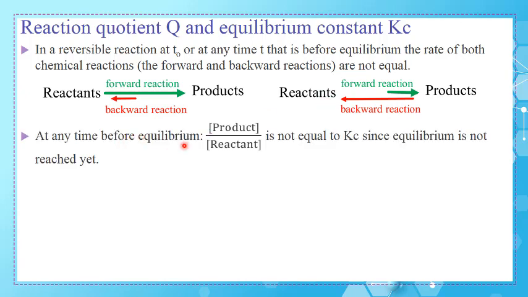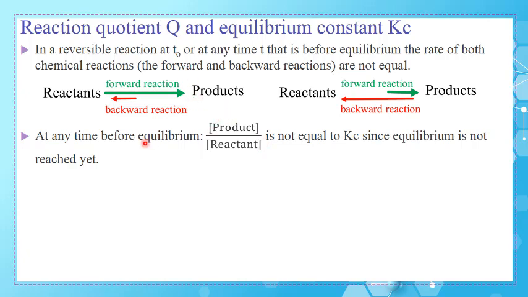At any time before equilibrium, the concentration of the product over the concentration of the reactant is not equal to Kc. Pay attention that we are considering an example where the stoichiometric coefficients are 1, and this is why we didn't write any exponent here, because we considered it equal to 1.